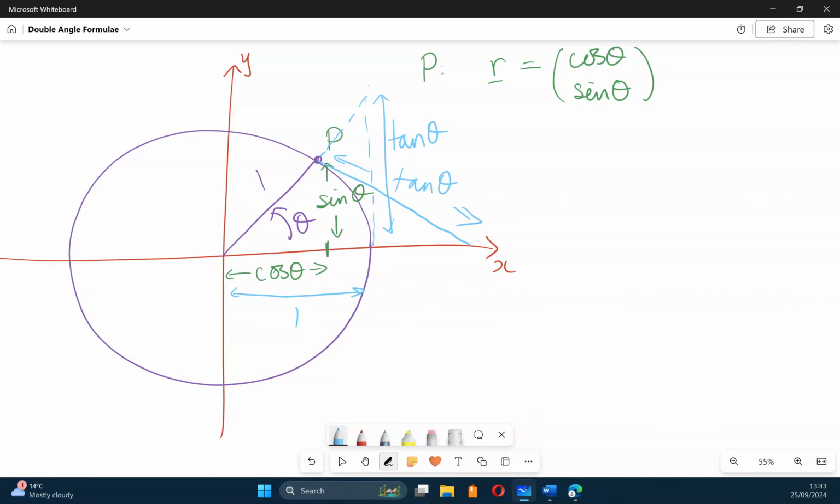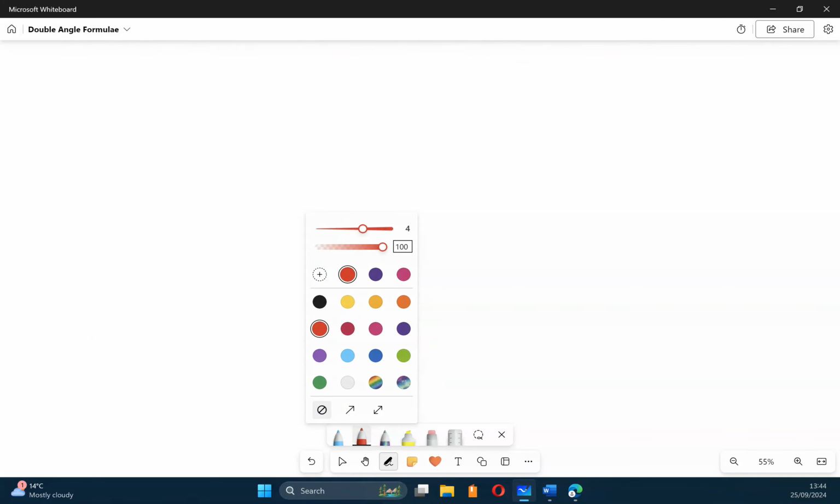So what we could do is find a relationship between cosine of theta plus alpha and sine of theta plus alpha by rotating these axes. So what do I mean by that? Well, what I'm going to do is draw a set of axes for x and y.